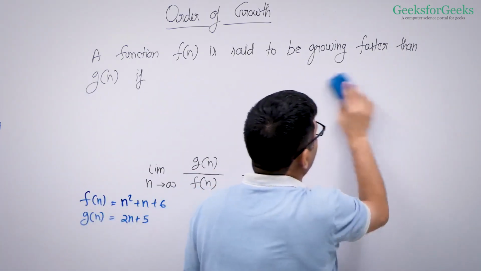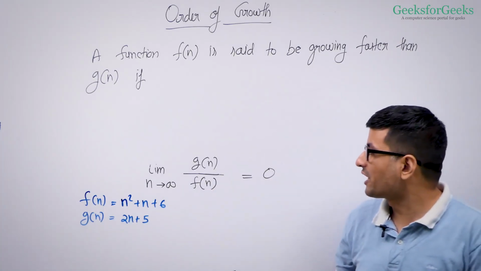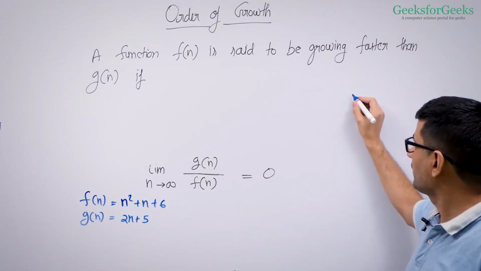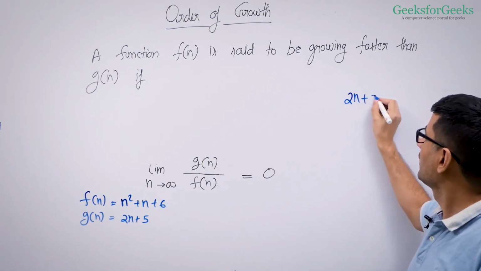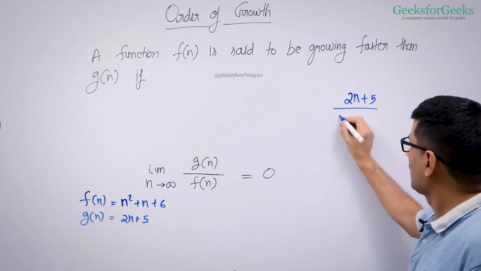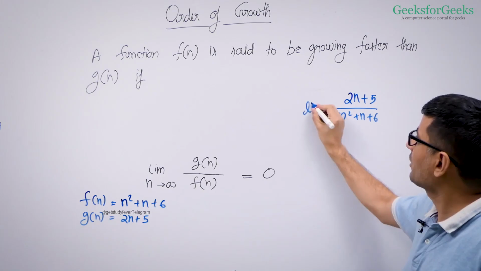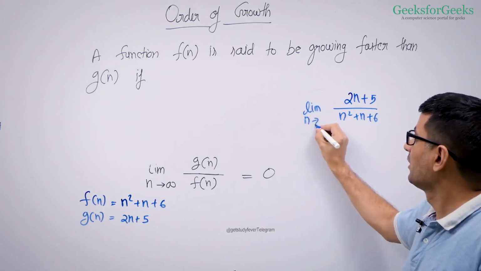So let's compute the value of this expression, g(n) divided by f(n), when n tends to infinity. So we have 2n plus 5 divided by n square plus n plus 6, and we are talking about the limit as n tends to infinity.